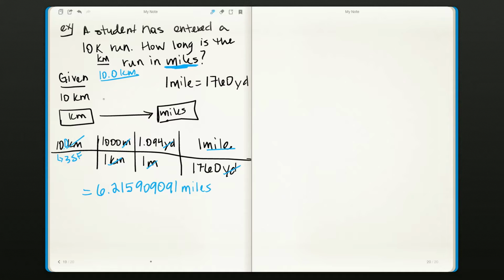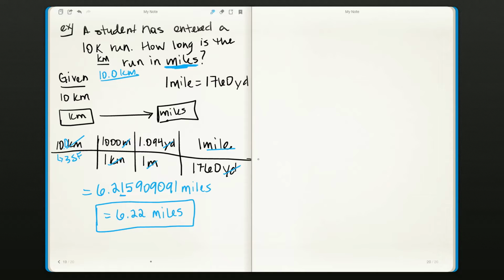So our original number has 3 sig figs, so our answer should have 3. So 1, 2, 3, mark where your last sig fig is, and then determine if you're going to round up or down. So the number directly to the right of the 1 is a 5, so we're going to round up. So that's 6.22 miles. And make sure when you do these types of problems that you don't forget your units.